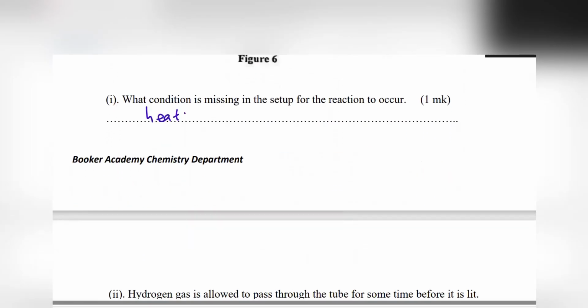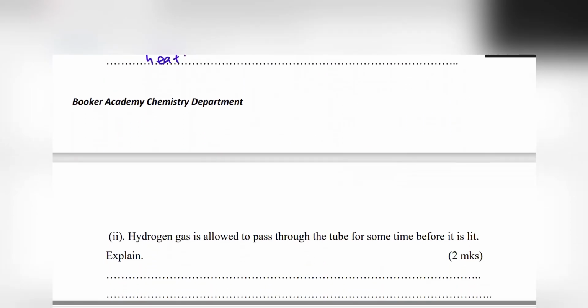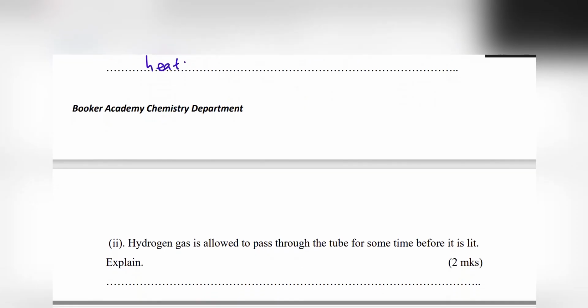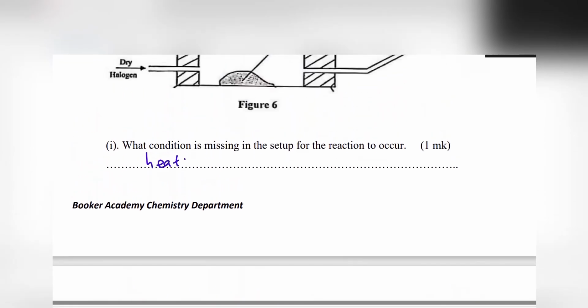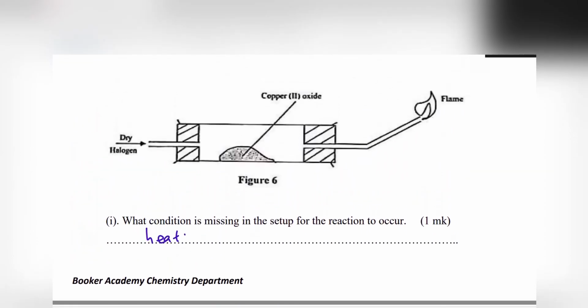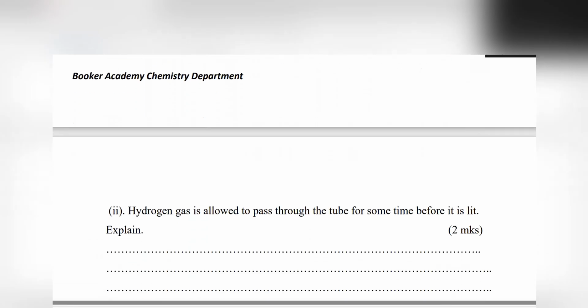We move down. Hydrogen gas is allowed to pass through the test tube for some time before it is lit. Explain why hydrogen is allowed to pass through the combustion tube.